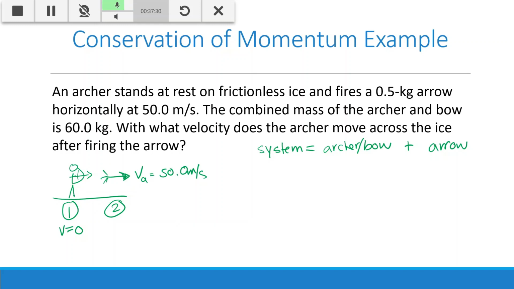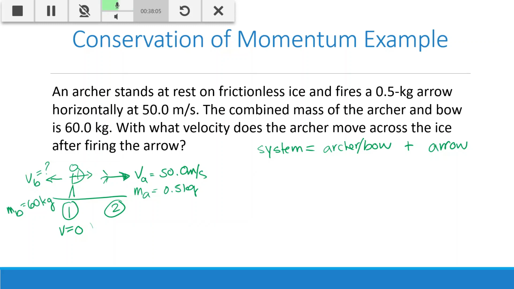If it has a mass and a momentum going to the right, then in order for our momentum to be zero at the start, the archer with the bow has to go backwards with some unknown velocity. That's what we want to find. We know the mass of the arrow is 0.5 kilograms, and the mass of the archer and bow together is 60 kilograms.